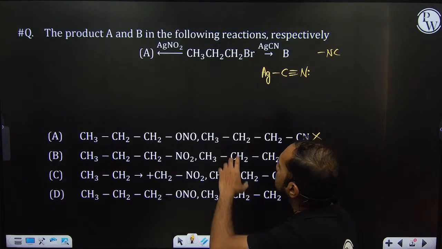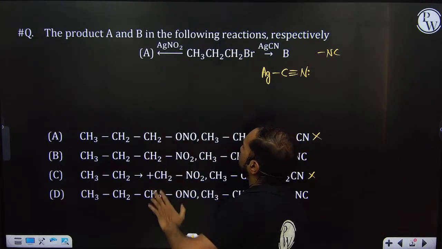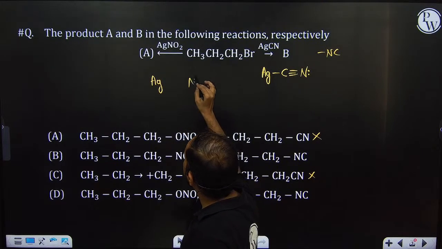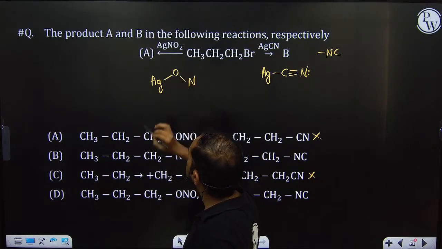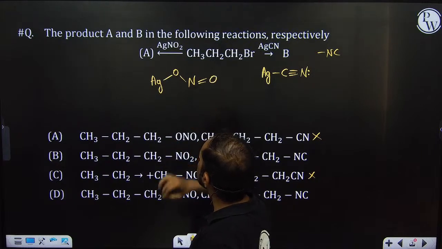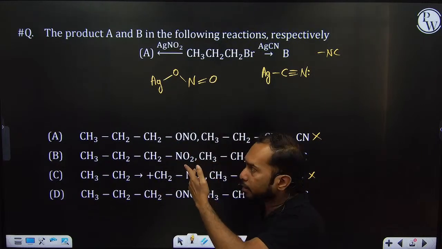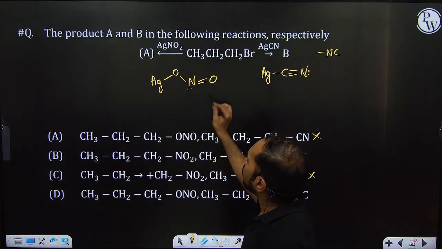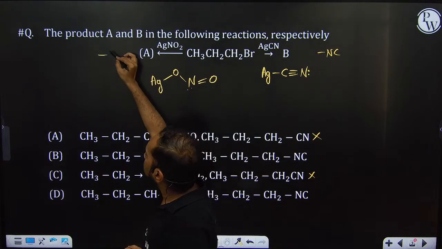Okay, let's come to this question. AgNO2. You know that again, once again, silver. AgNO2, the structure is like this. Over here, one pair donor will be nitrogen with AgNO2.